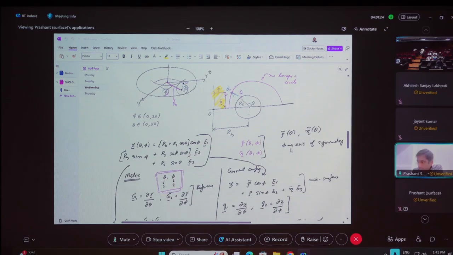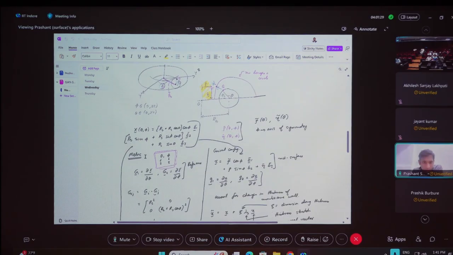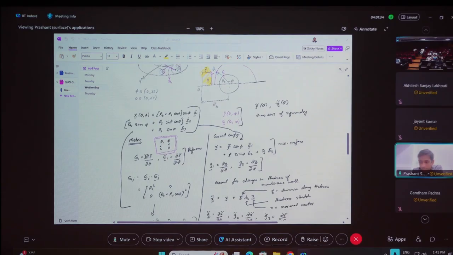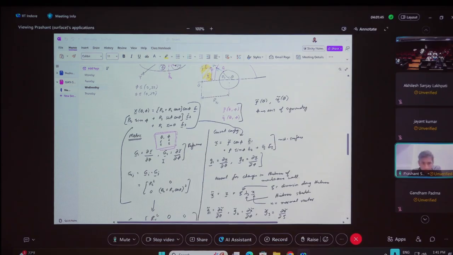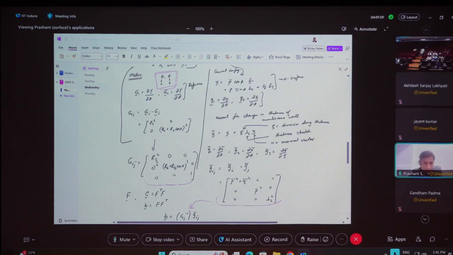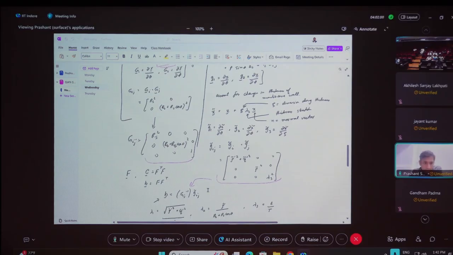The way we progressed was, we used a little bit of differential geometry. For some of you it was known already, for some of you probably a new thing. You write down the coordinates carefully, then you calculate the metric for the reference configuration and the metric for the current configuration. These are the two tensors, capital G and small g, from the reference and the current. You combine these two tensors together to calculate the left Cauchy-Green deformation tensor.